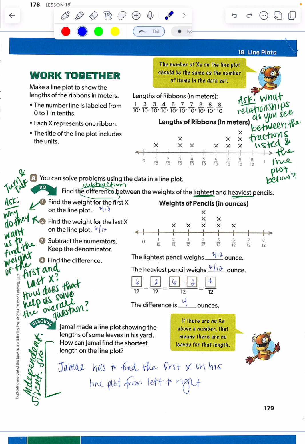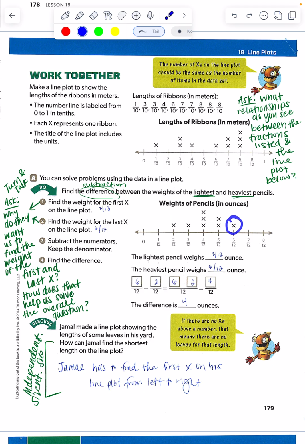Right? Students should be having some sort of idea to say, okay, well, if we're talking about weight, and 2/12 has an X on it, we know that 2/12 is a fraction that is on the smaller side of our scale. So 2/12 might be our lightest pencil, right?